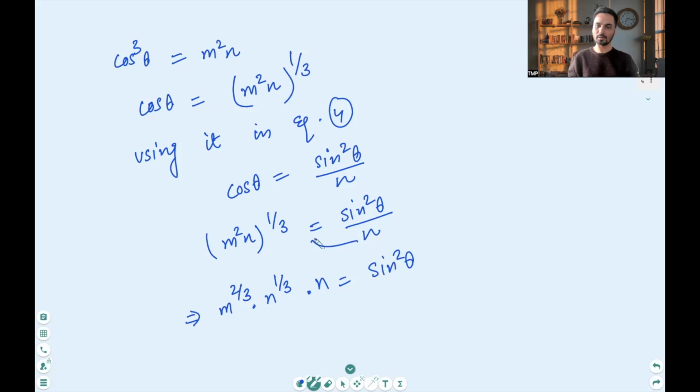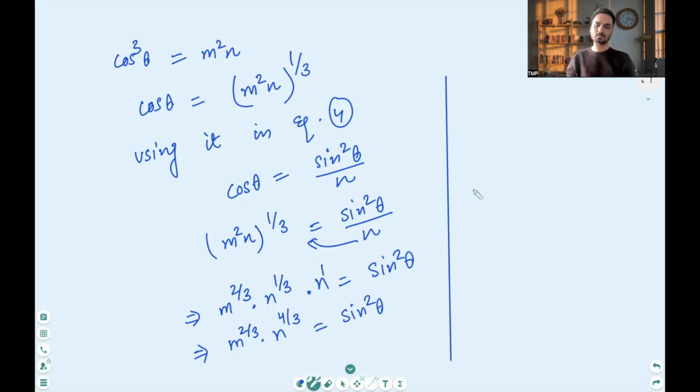So you multiplied n here and separated the power for the left hand side. So we have m to the power 2 over 3 times n to the power 1 over 3 plus 1, which is 4 over 3, equals sin square theta.